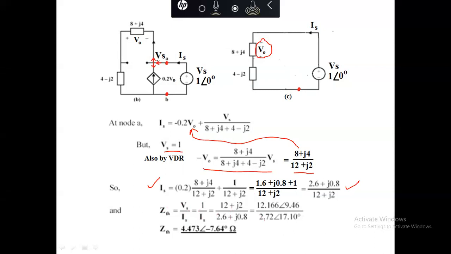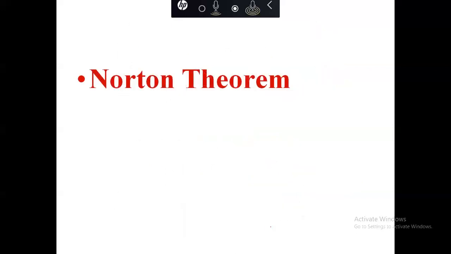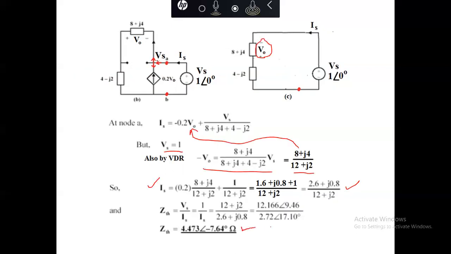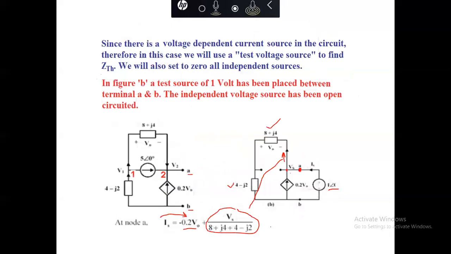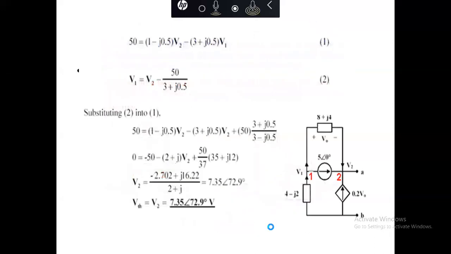So we will have this value of ZThev equal to 4.473 at the angle of minus 7.64 degree. Now we have found the value of ZThev for this network, and we have also found the value of VThev for this network, which is V2.